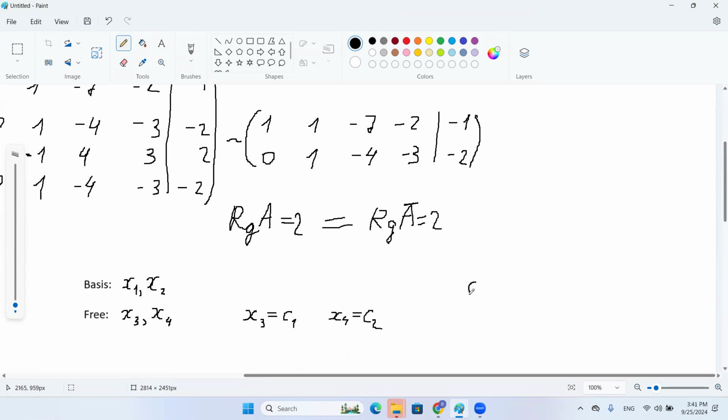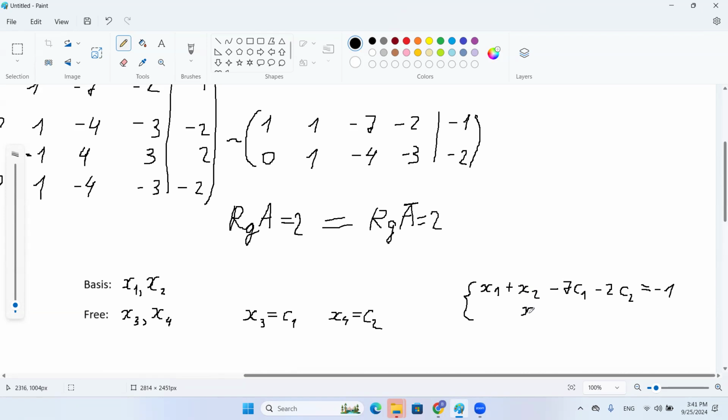And now let's rewrite our system. So x1 plus x2 minus 7c1 minus 2c2 equals minus 1.